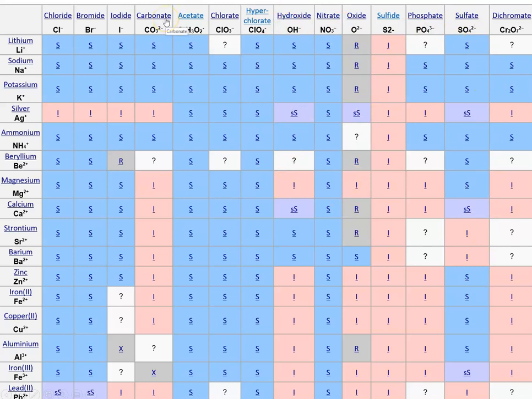Ammonium typically too, with some exceptions. So here's just a solubility chart. You might want to screenshot this to have a picture of it, or have a website with solubility charts when we're looking at some of these, so that you can use this to identify or predict if something is going to be soluble in a certain chemical reaction involving ions.